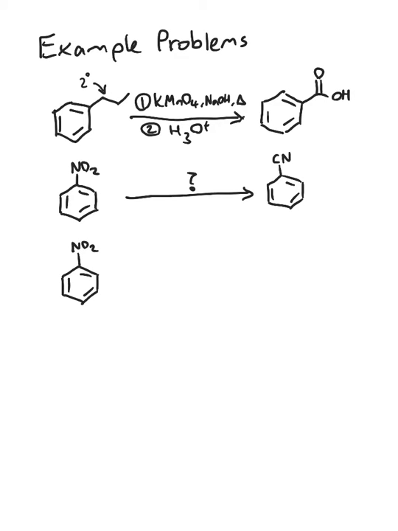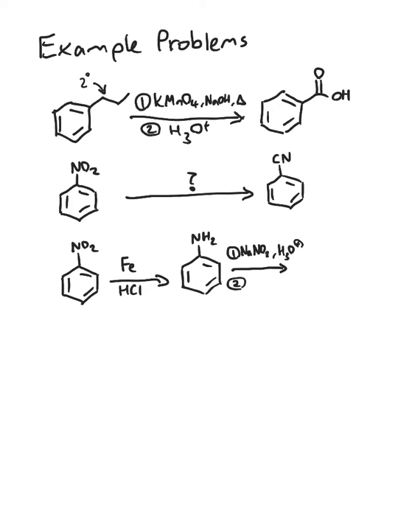So if we take a nitro and, for example, we reduce it with iron and hydrochloric acid, we can make aniline, which we can then convert into the nitrile by first reacting with NaNO₂, sodium nitrite, under acidic conditions, followed by copper cyanide, CuCN, will give us our lovely cyanide product. Cool.